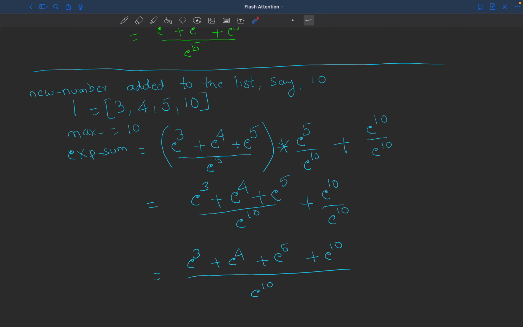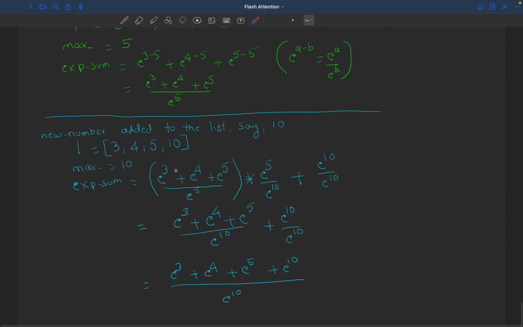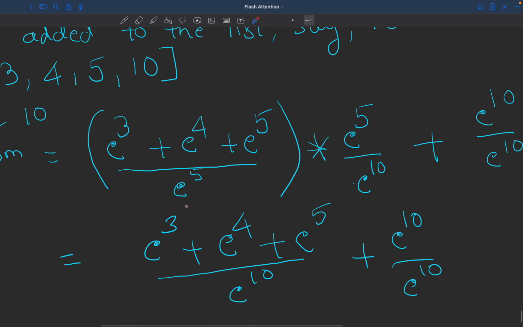So in short, every element, as you can see, we are undoing the previously done changes. What I mean by undoing is, whatever the maximum element through which we had divided it, in this case we had divided it by e raised to 5, we are undoing the changes by multiplying it, and then you are adding e raised to 10, which is the current maximum.